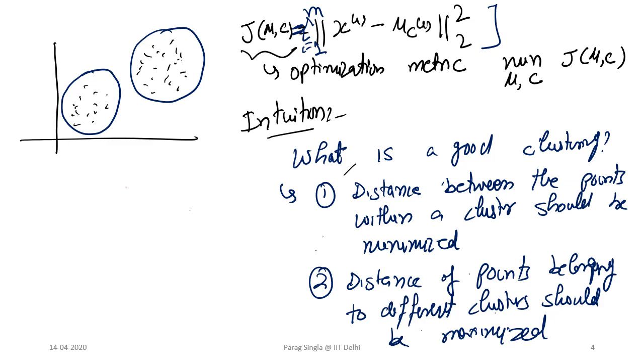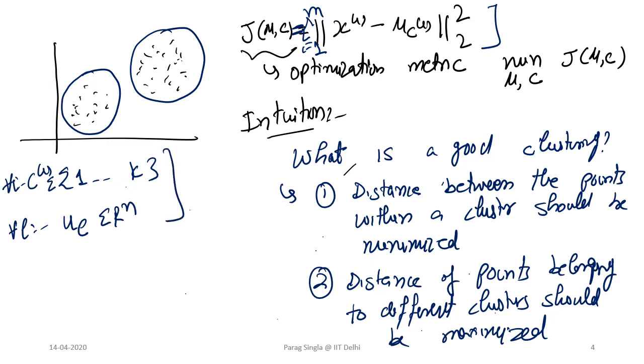Okay, and just going a little bit ahead of ourselves, we will see that our objective here is to determine, for all i, these ci's where each ci belongs to the discrete set 1 to k, and also for all l, mu_l, where mu_l belongs to R^d.